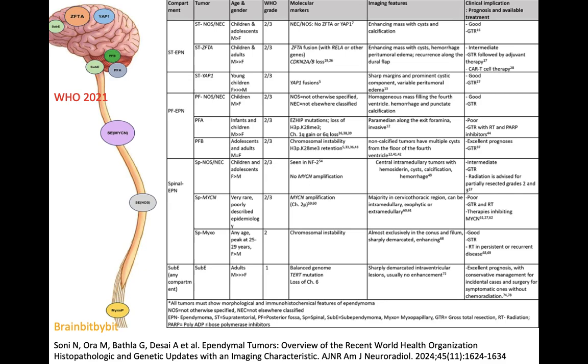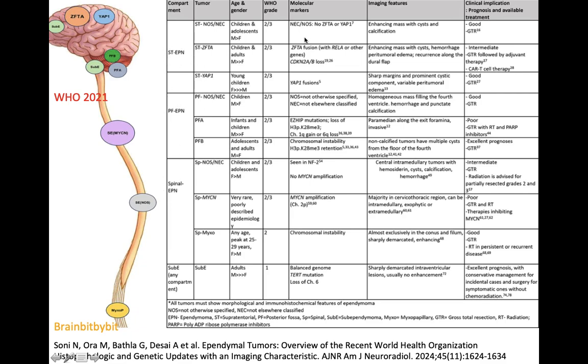The ependymomas from different anatomical regions are histologically identical, but in the different anatomical regions they have very distinct biological and clinical behavior, and that's why in the WHO classification from 2021 you can see that the ependymomas have been classified by compartment: supratentorial, posterior fossa and spinal.